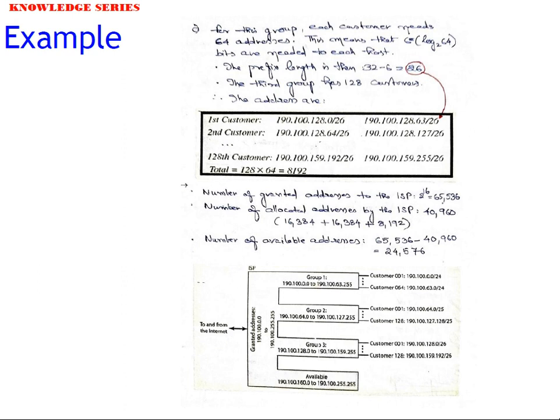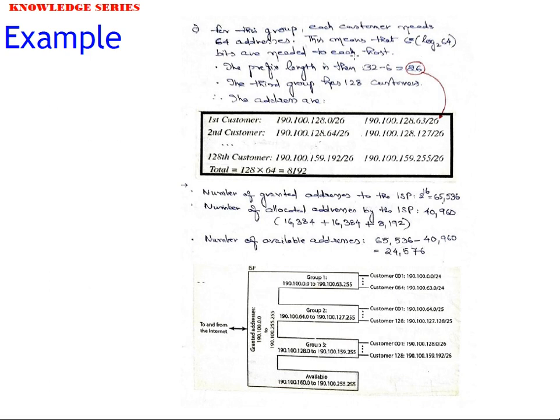Now let's see an example with respect to this particular scenario. What does this example talk about? Here in this example, for this group, each customer needs 64 addresses. 64 means what? If you take log base 2 of 64, that is equal to 6.